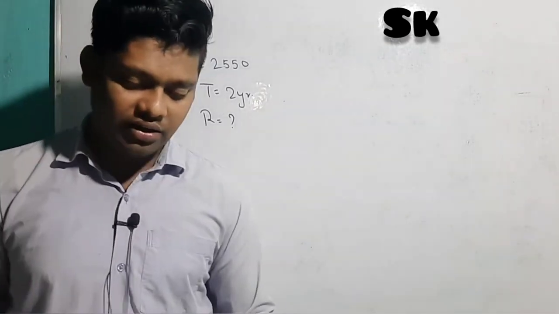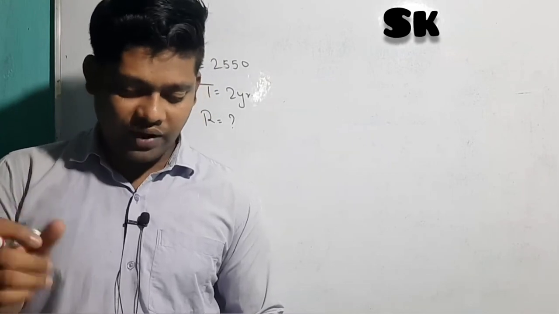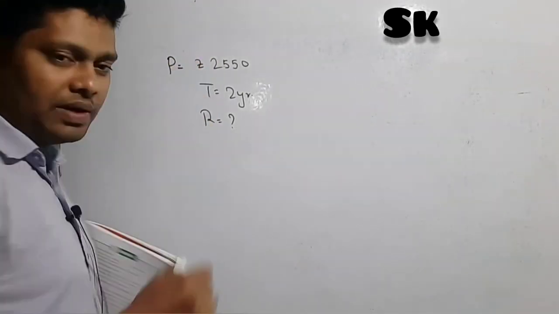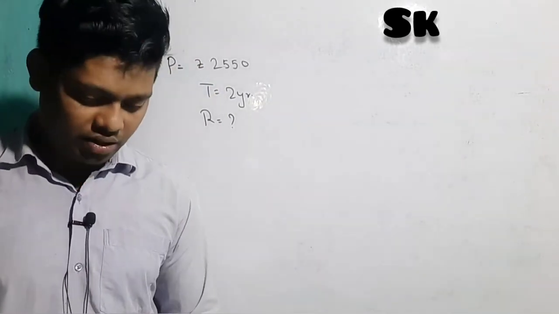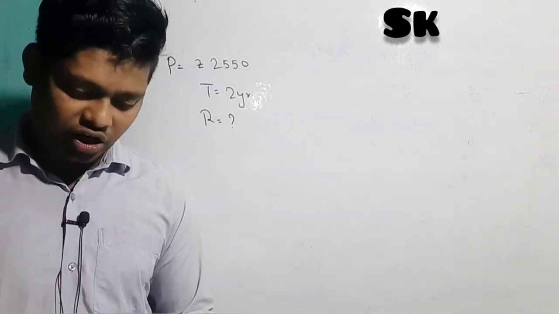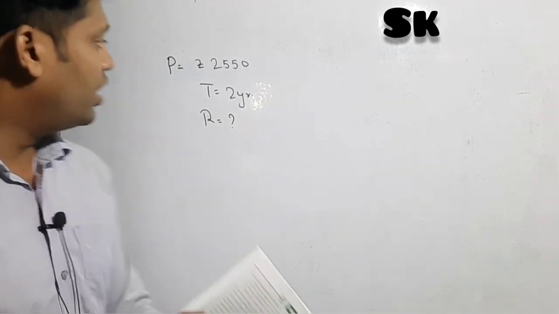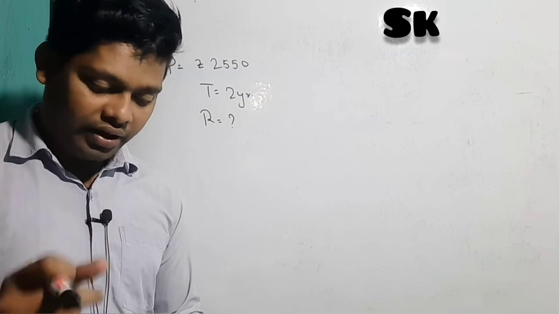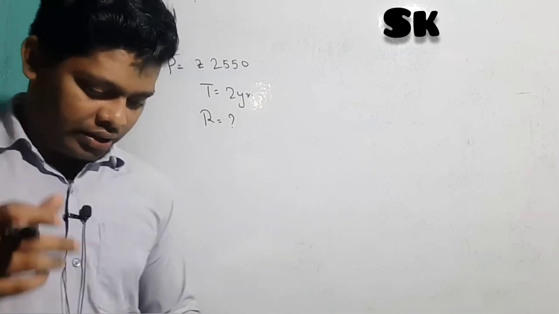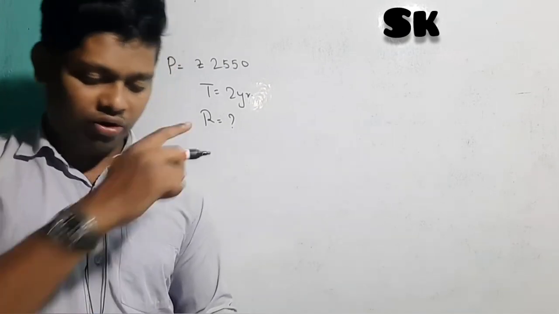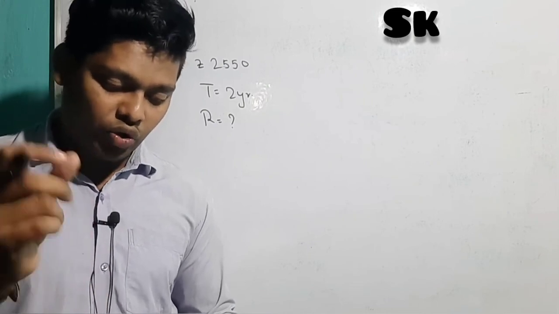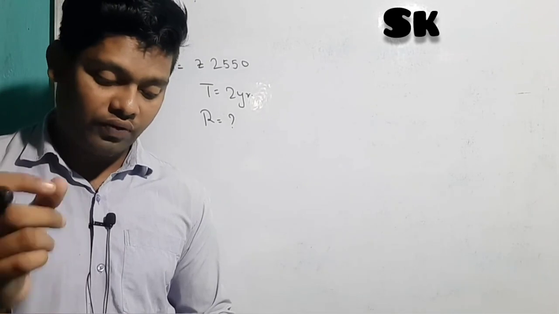If a person lent rupees 2550, means he is giving the money, this is the principal. He lends for 2 years at a certain rate of interest, and the rate of interest is not given. They are saying the interest you are going to earn on this is 50 less than the interest you will earn on 3050.